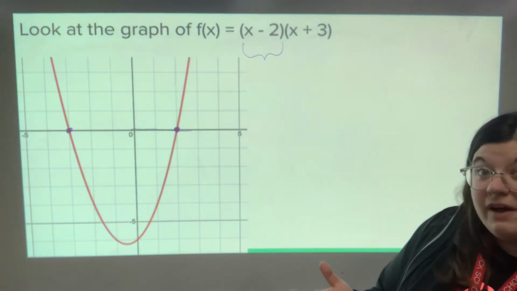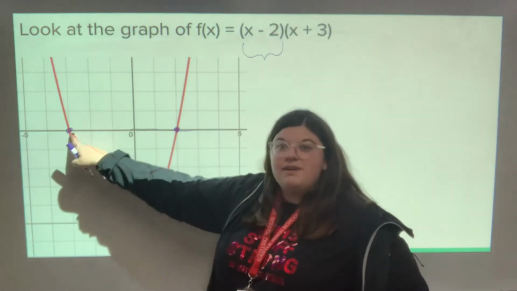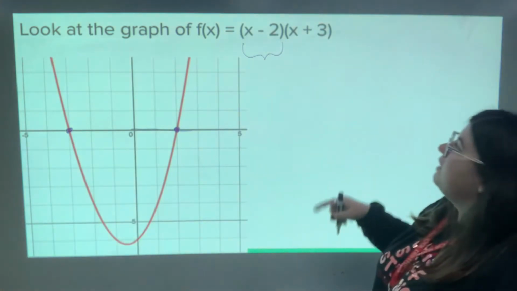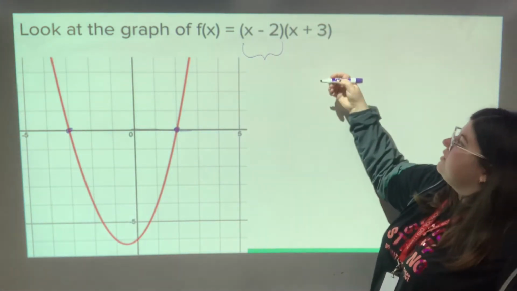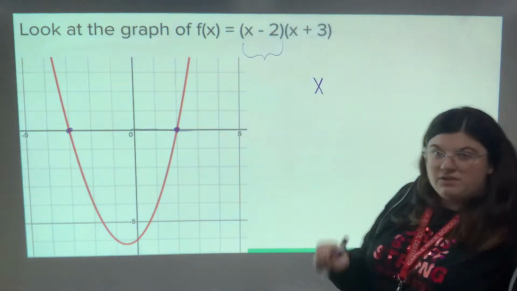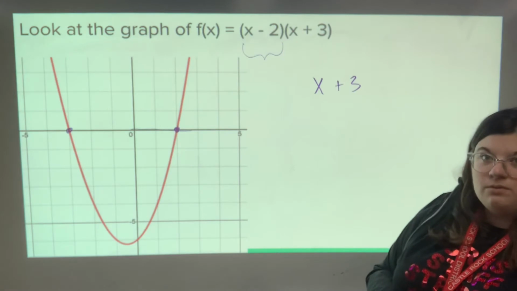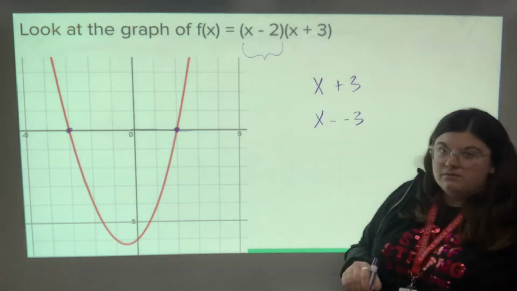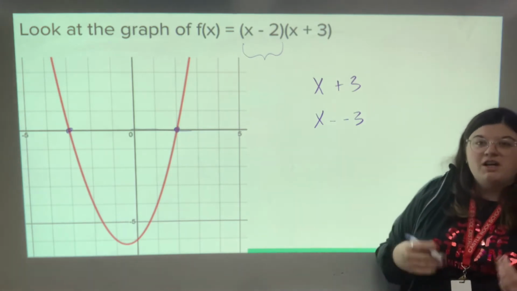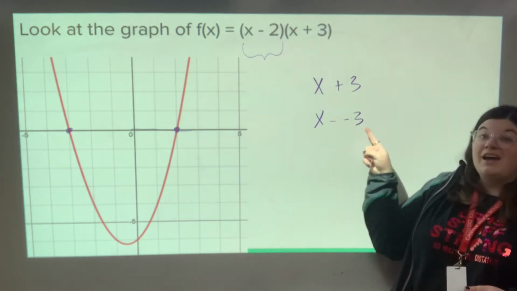Another possible value, because we see it crosses twice, is negative 3. And where are we getting that from? Well, we're getting it right here. You could write this linear factor, this chunk of our polynomial, x plus 3 as x minus a negative 3. And hey, we were talking about x-intercepts. There we go, we can see x minus a number.